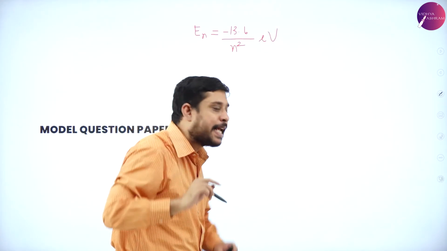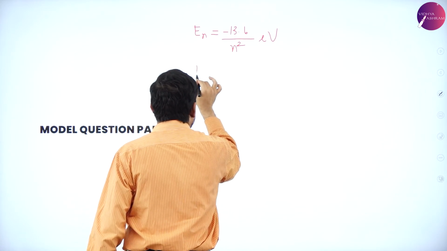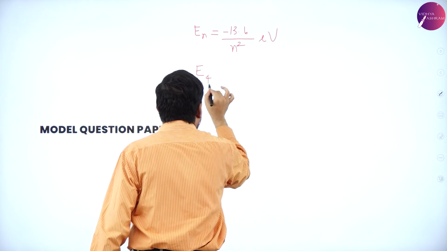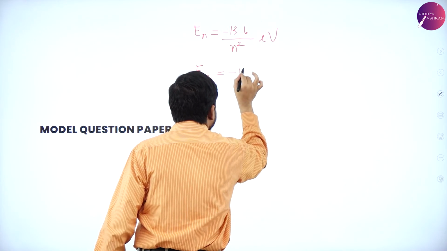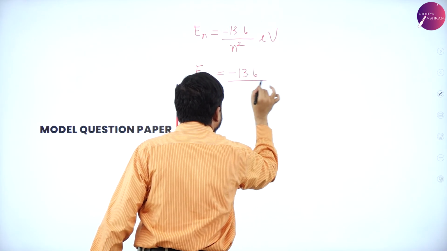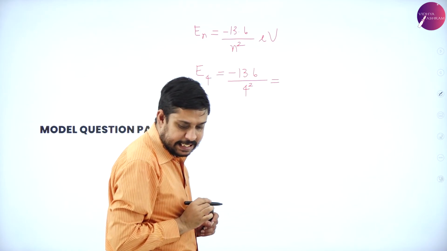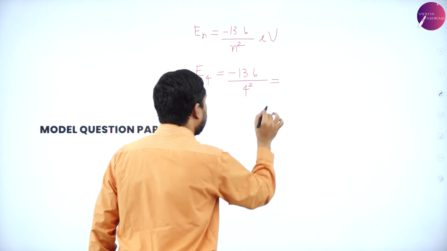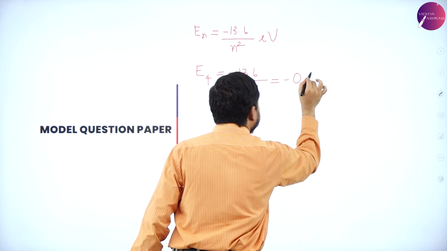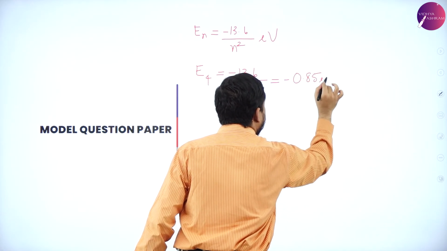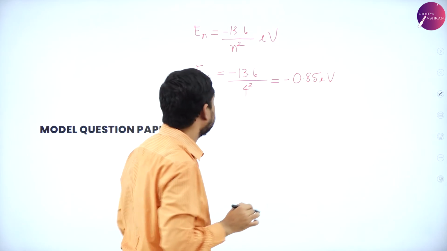Fourth orbit to second orbit. So E4 is minus 13.6 by 4 square, which is equal to minus 0.85 electron volt.